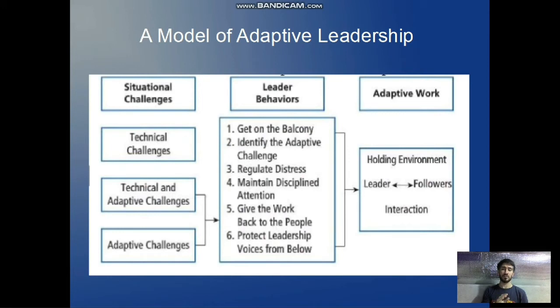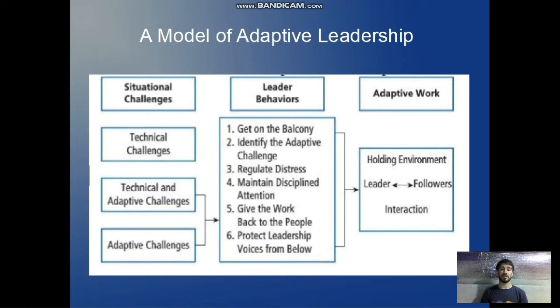encourage the followers to focus their attention on important issues, and fifth, give the work back to the people to let them do their job. And sixth, last, protect the leadership voices from below.